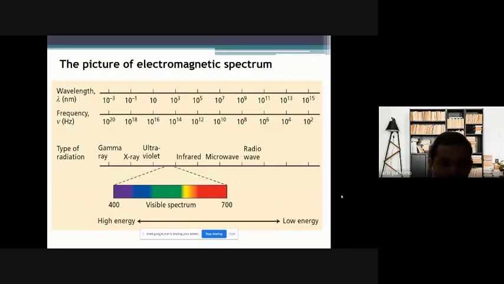As you can see, here there is wavelength, frequency, and also type of radiation from gamma ray to radio wave, and only a small fraction here is where we can see the color, from purple to red.